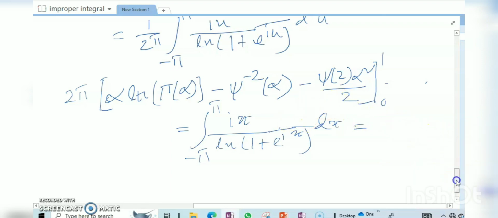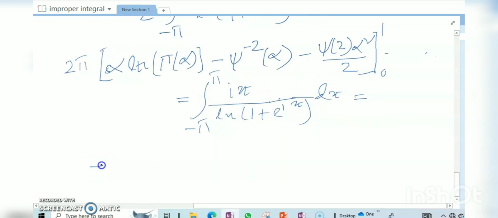So omega is equal to everything. So we get this portion equal to 2 pi ln 2 pi.